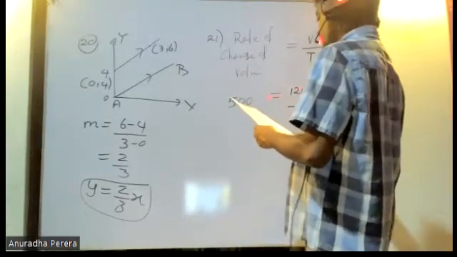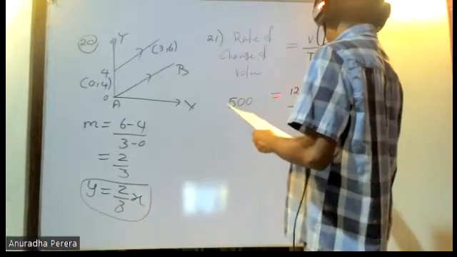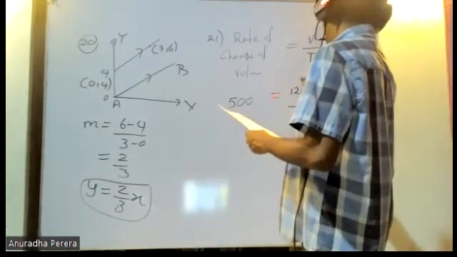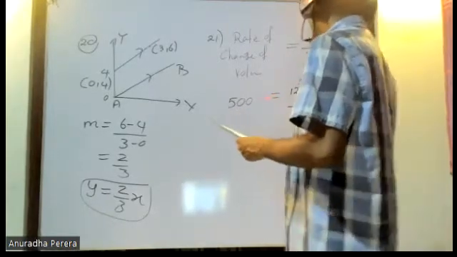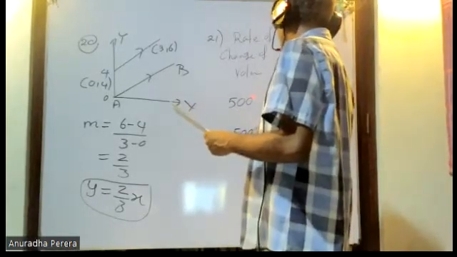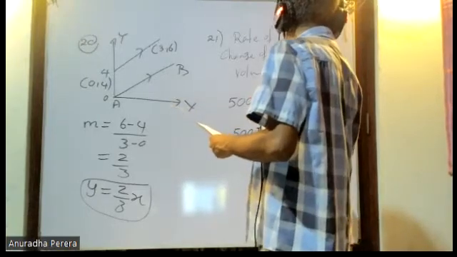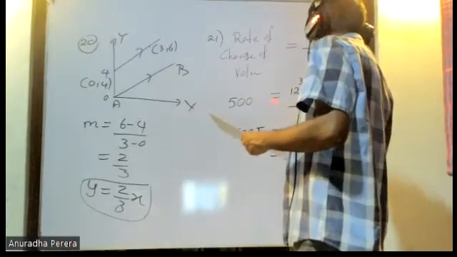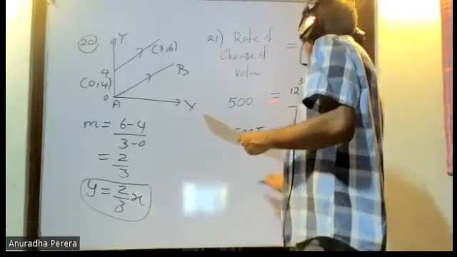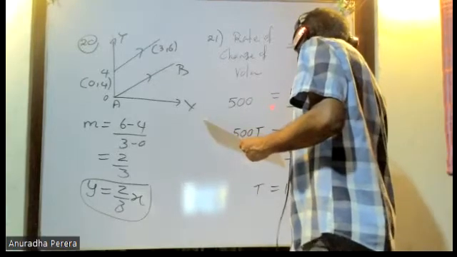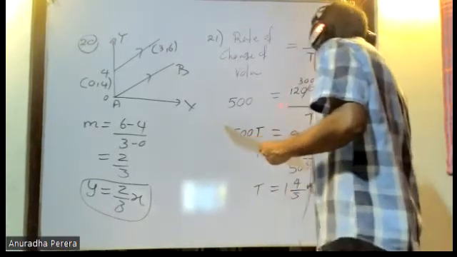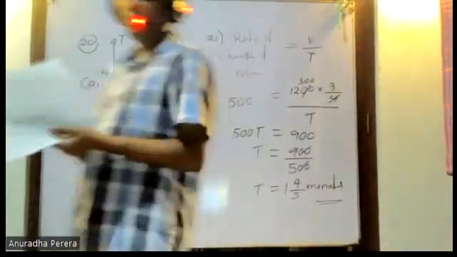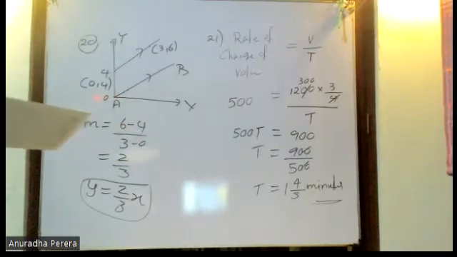Time, we need time. Right, simplify it. This one is 900. Then 500 t equals 900. T equals 900 over 500. T equals 1 and 4 over 5 minutes. This is the answer. 1 and 4 over 5. Yes.